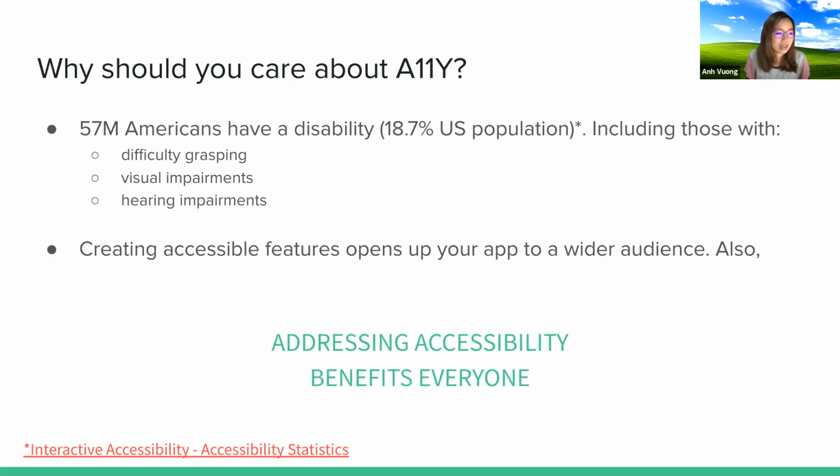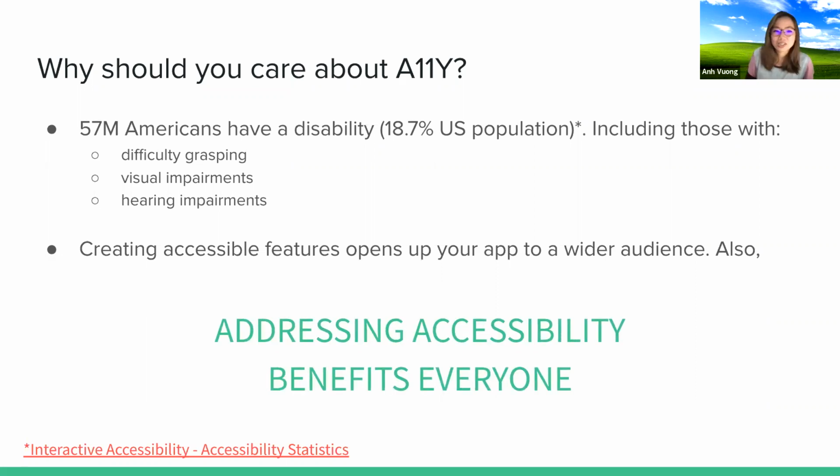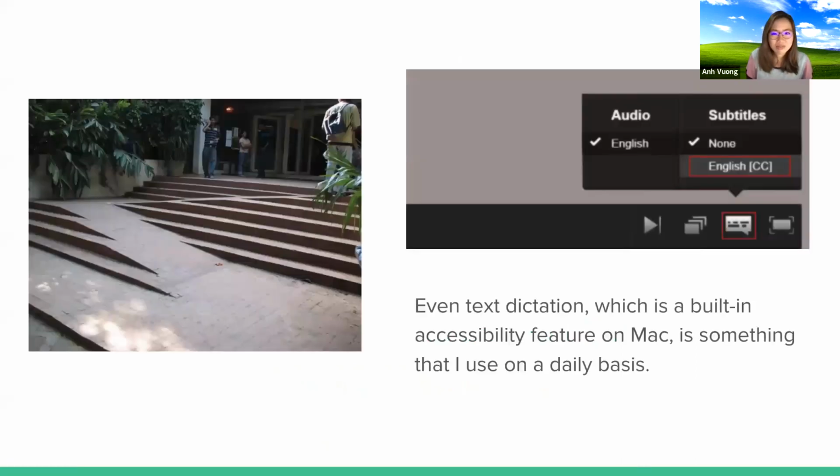But in addition to that, addressing accessibility benefits everyone. Here are some examples, not even web related per se, but things like ramps, where initially ramps were designed for, of course, wheelchair users, but now a large population benefits. You think about folks with strollers that have to get into the building, or deliveries.